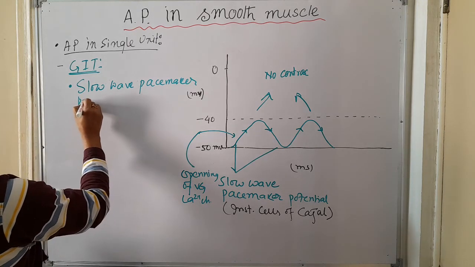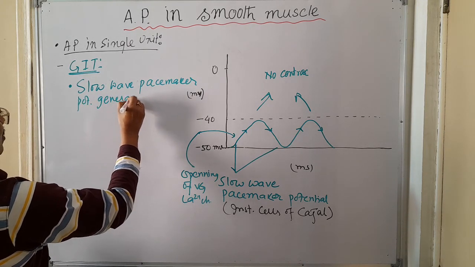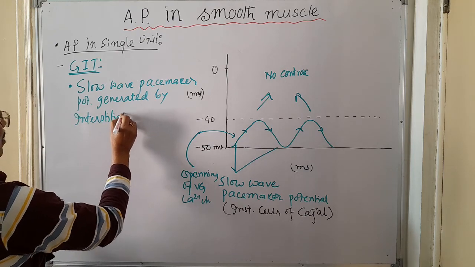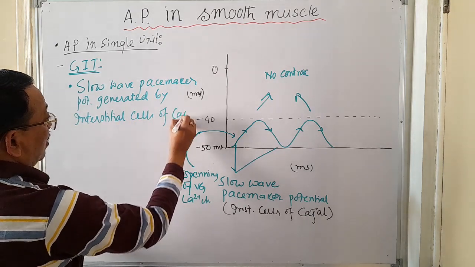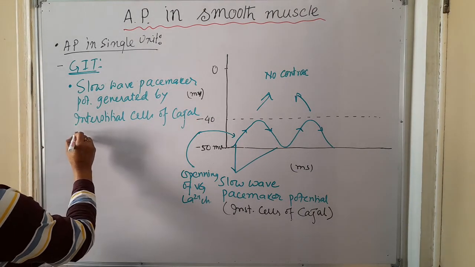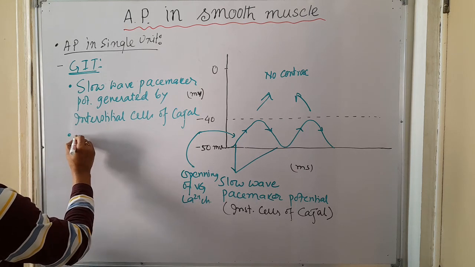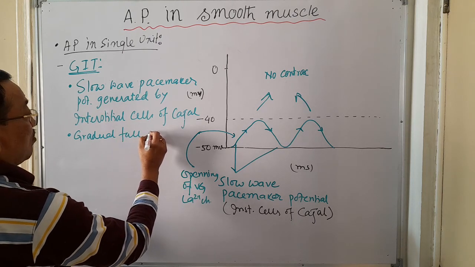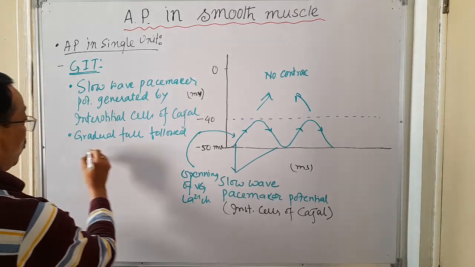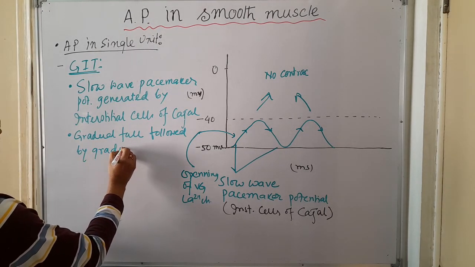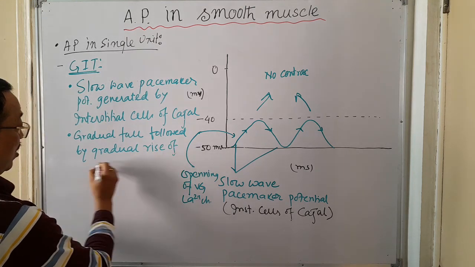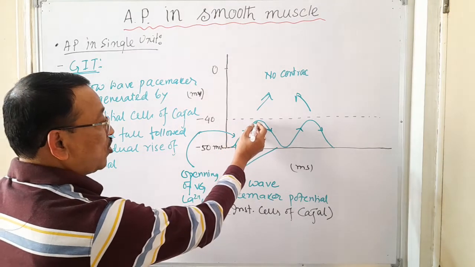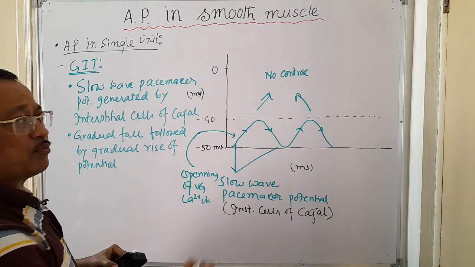Slow wave pacemaker potential generated by interstitial cells of Cajal, and this results in a gradual fall followed by gradual rise of the potential, gradual fall of the potential difference followed by gradual rise of the potential difference.